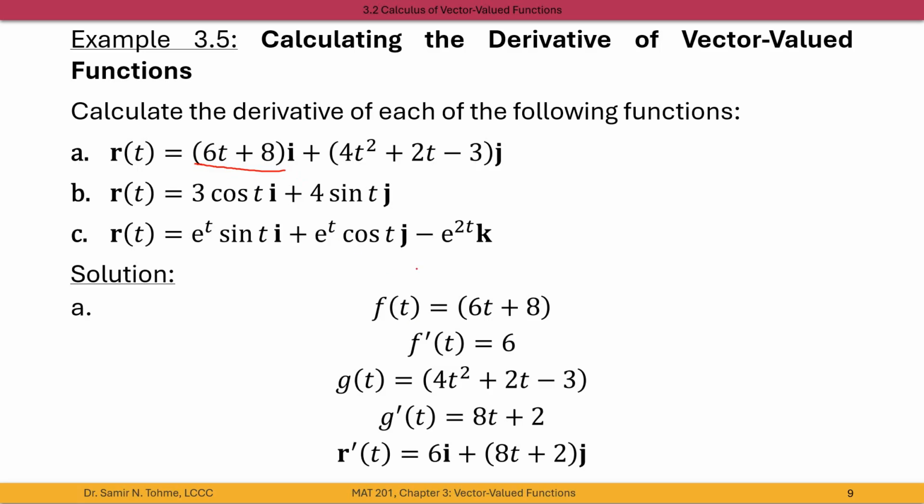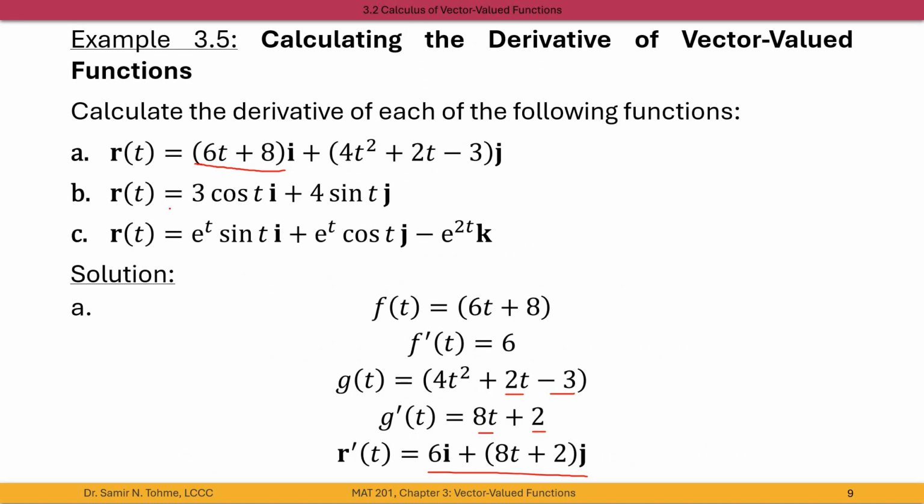The derivative of 6t plus 8 is 6, and the derivative of the y component, the derivative of 4t squared is 8t, and the derivative of 2t is 2, and the derivative of 3, which is a constant, is equal to 0. Now let's add these together. We will have 6i plus g prime, which is 8t plus 2, j. This is the derivative of r.